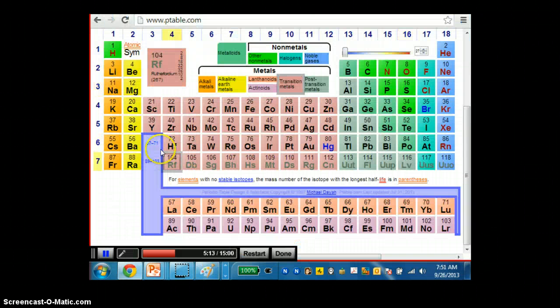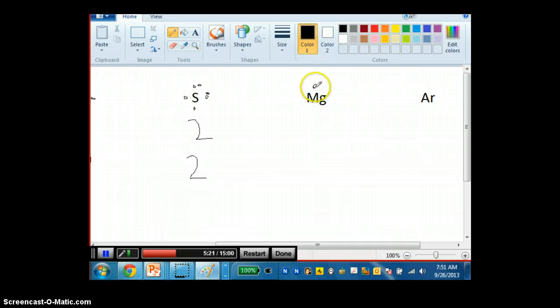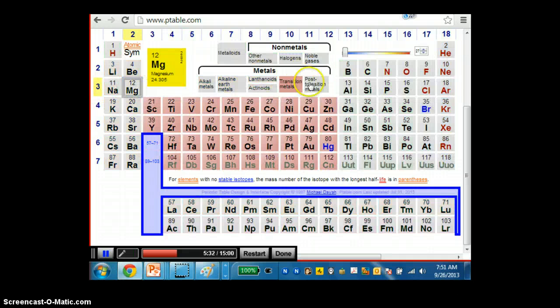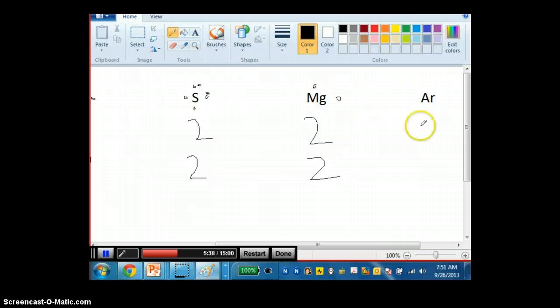Okay, Mg. Find Mg. I want you to do this one. Easy. 1, 2. That means it gets 2 dots. It has 2 single electrons. Can make 2 bonds. Last one is argon here in row 3. 1, 2, 3, 4, 5, 6, 7, and then 8.